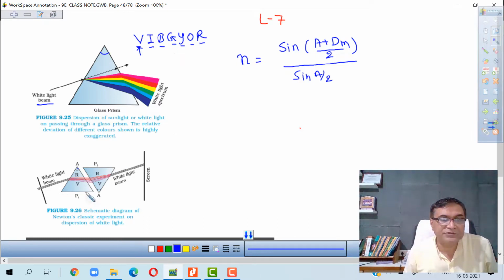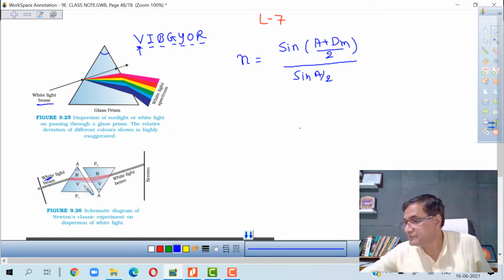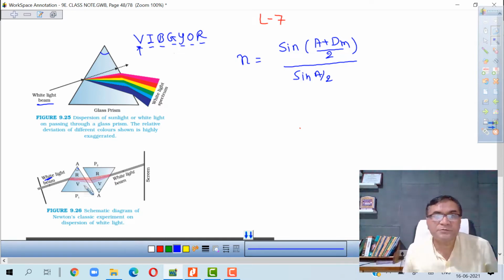One prism is here and another prism is here. When white light is incident, the first prism disperses the light and the second prism gathers the light. This is called dispersion of the light.